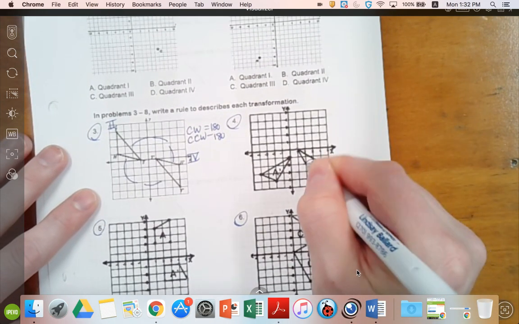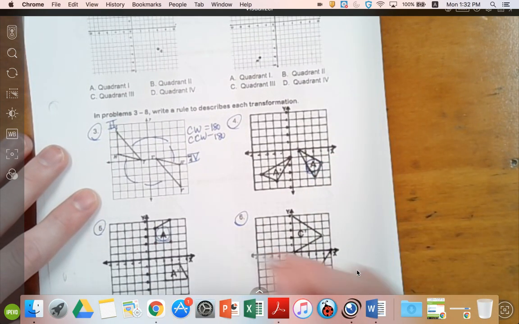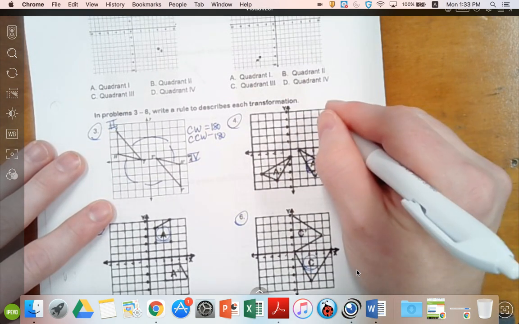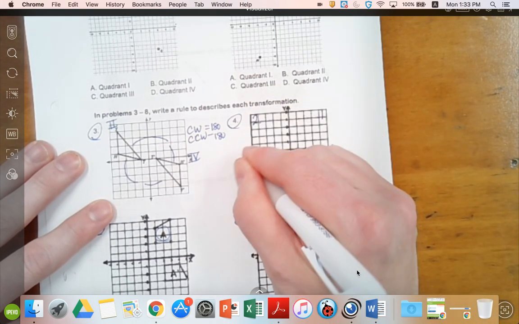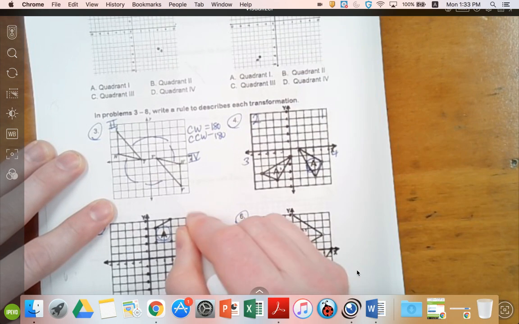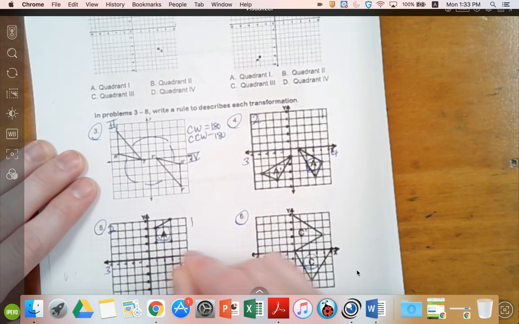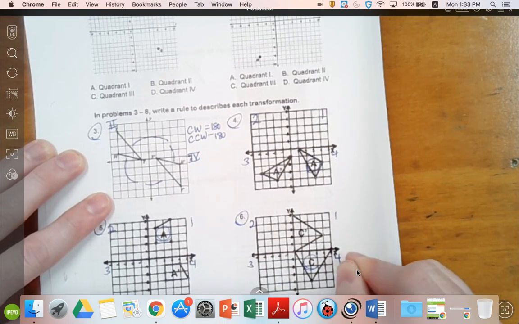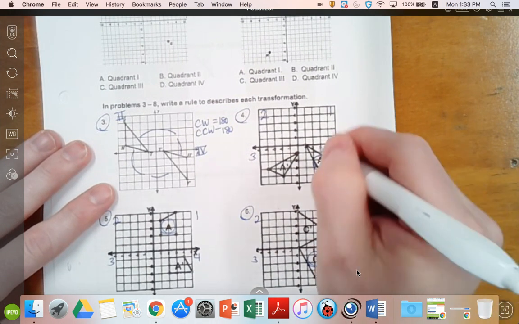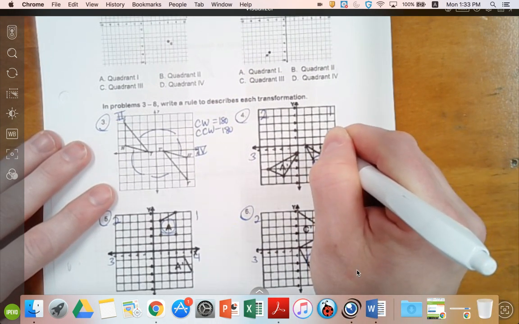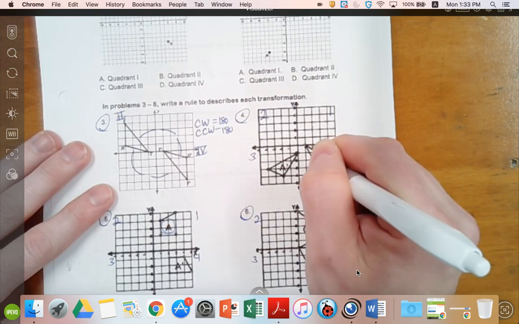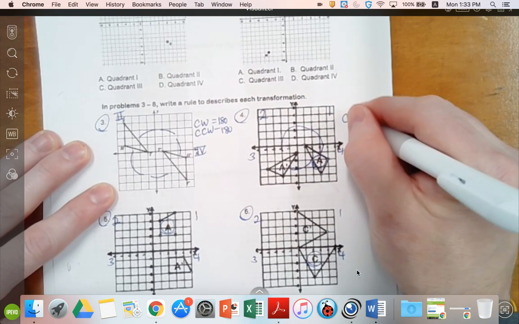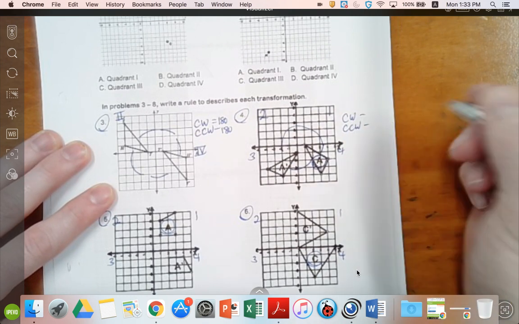So here are your originals, the ones with the letters without the little prime. And you want to tell me, and you might want to make sure you label them. There's 1, 2, 3, 4. 1, 2, 3, 4. 1, 2, 3, 4. Those are the quadrants, and you'll be able to tell, if I go clockwise or counterclockwise, how many quadrants did I change? You count them up and tell me the degree measure.